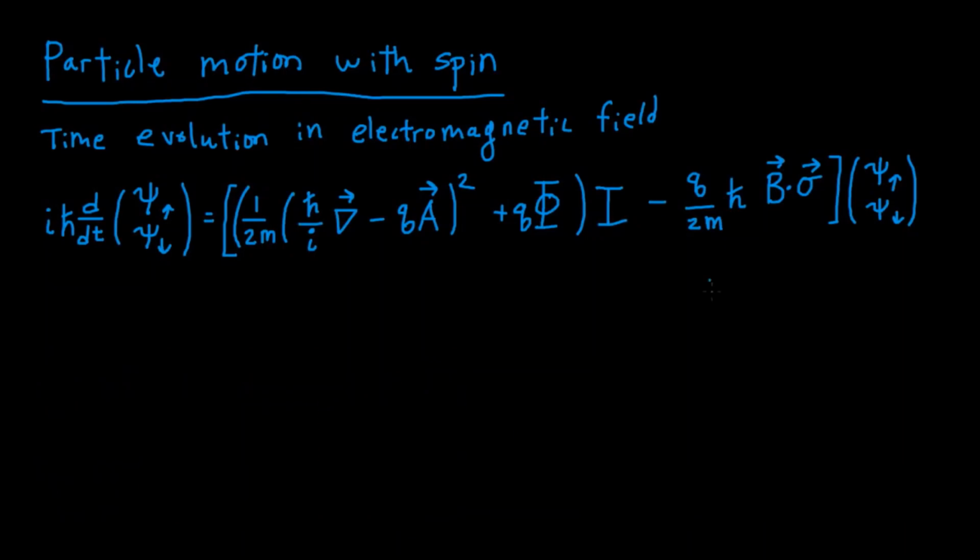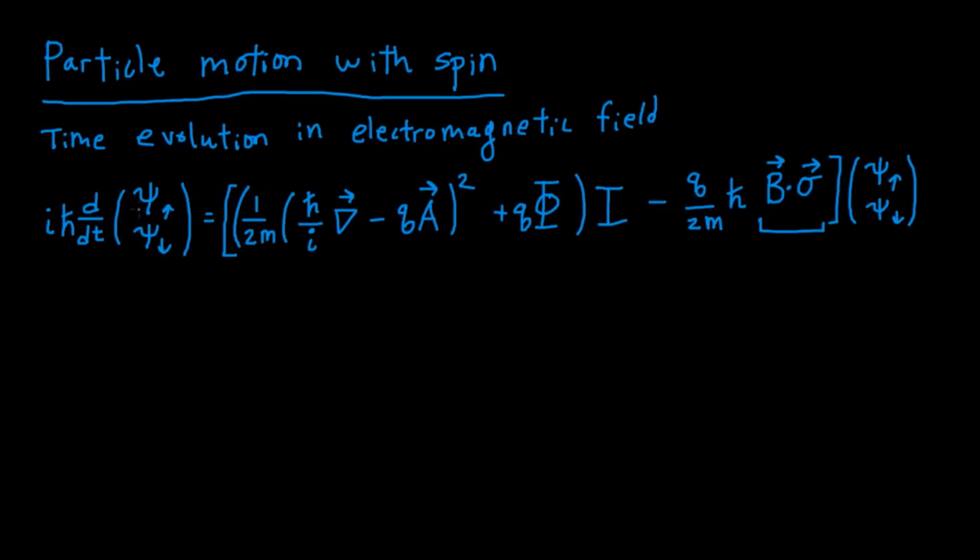So that's q. m is the mass of our particle. And here we can see that this term right here, B dot sigma, is going to be some sort of 2 by 2 matrix that mixes up the two components of this vector here. So this part mixes up the two components of our vector.